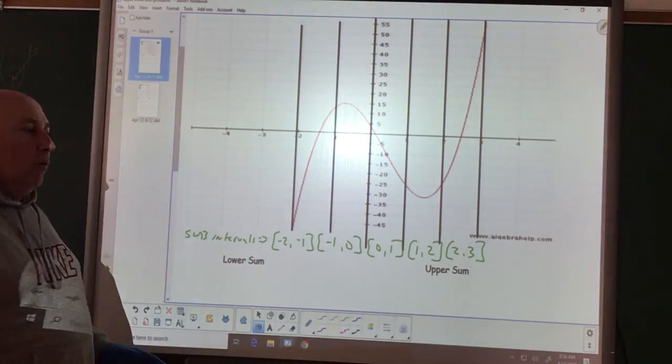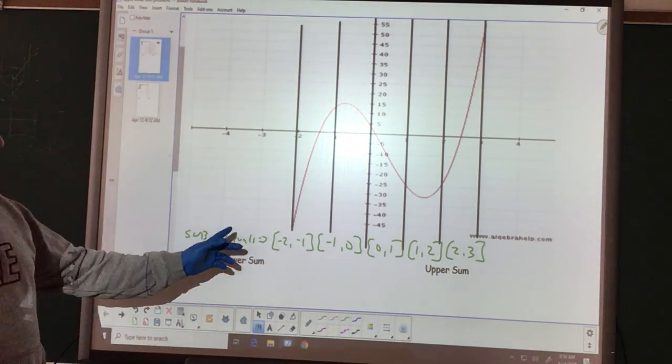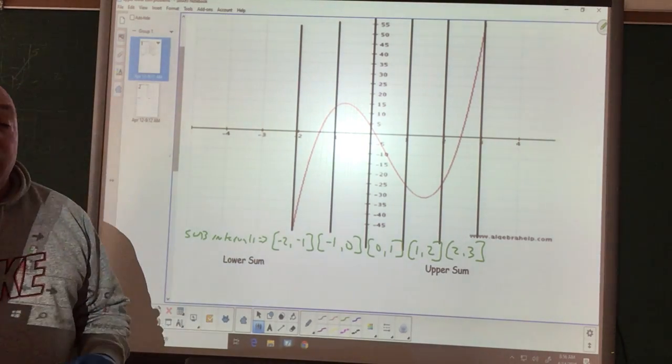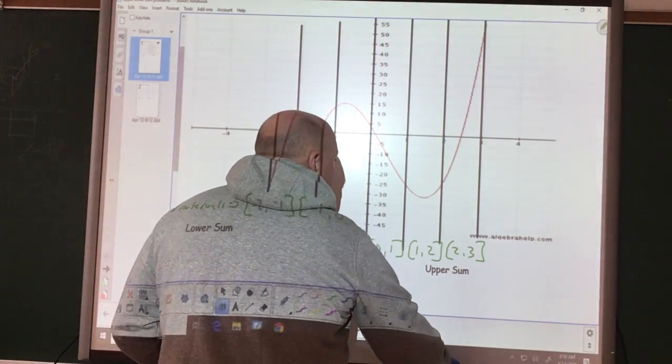These are our subintervals that we're going to be dealing with here. And my partition values would just be my endpoints, -2, -1, 0, 1, 2, and 3. That's my partition, so I will write them in here.